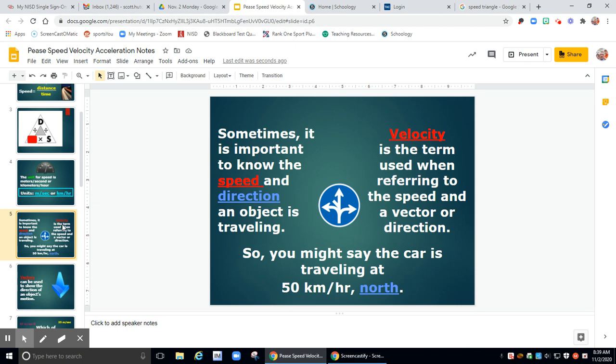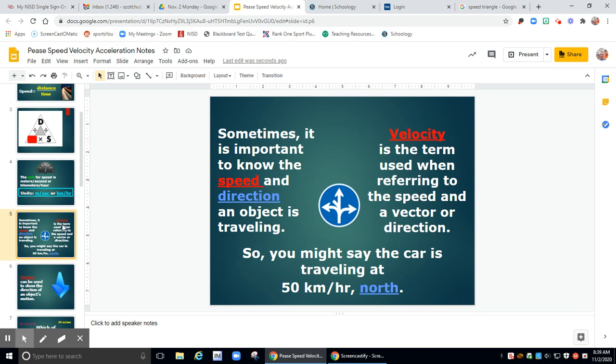Now, notice that everything we talked about speed wise, I never said what direction you were traveling. So speed is what we call a scalar quantity. All it has is a magnitude, a number. However, sometimes it's important to understand, in physics especially, the direction that something travels. And so when we add a direction to it, we add something called a vector. And a vector is just simply a direction.